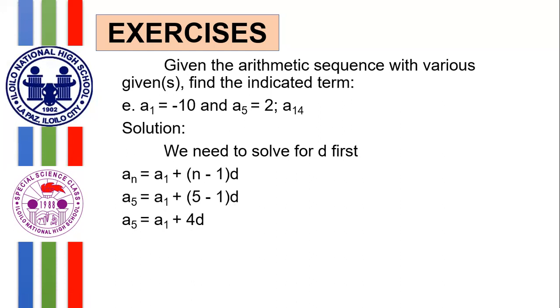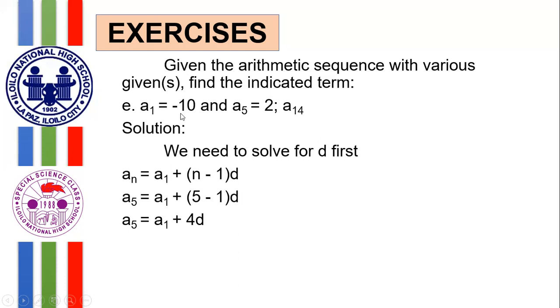And what should we do next? You could see that we have the fifth term, which is 2, so we will substitute a sub 5 with 2. We also have a sub 1, which is negative 10, so we will replace a sub 1 with negative 10.